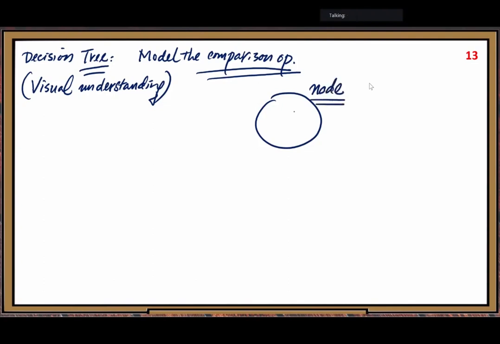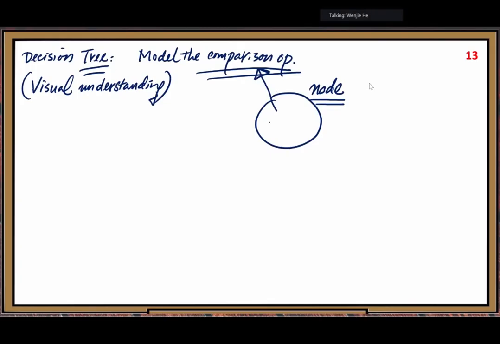This node corresponds to one comparison. One node corresponds to one comparison. Then, when you do comparison, we interpret a comparison as a decision-making process.